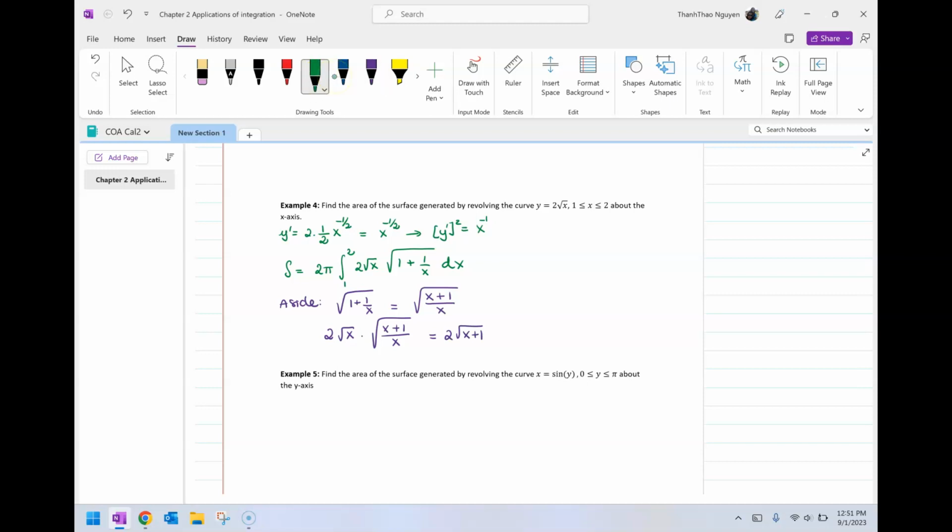Okay. So this means our integral S equals 2 pi times the integral from 1 to 2 of 2 square root of x plus 1 dx. That is 4 pi times the integral from 1 to 2 of the square root of x plus 1 dx. And we will do a u substitution.